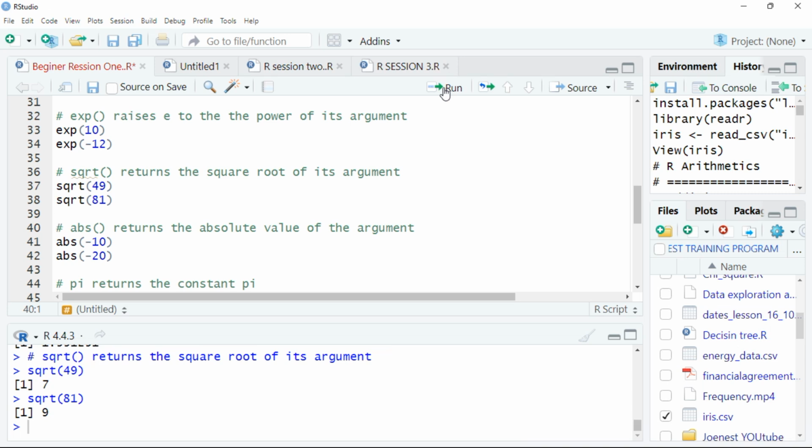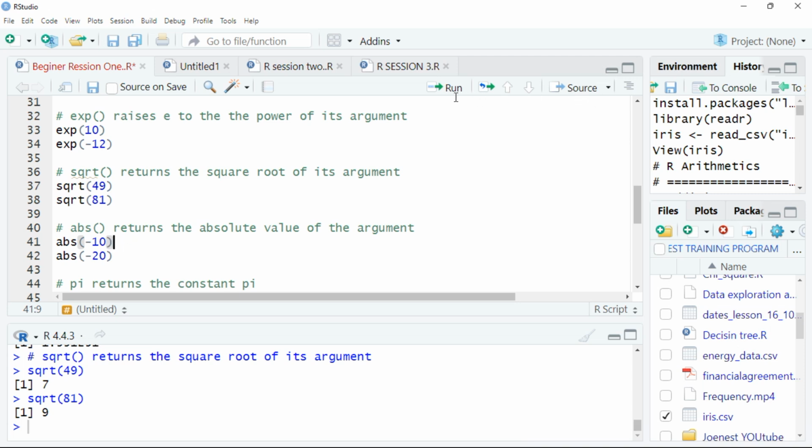And then next on our list is the absolute. Sometimes you have an absolute value, and you have to change it from negative to the positive state. So we use what we call the ABS function to return the absolute value of the argument. Here we have the absolute of negative 10, which is 10.